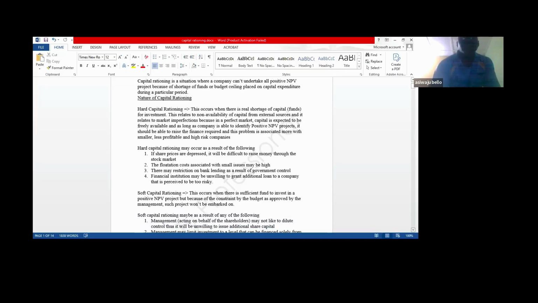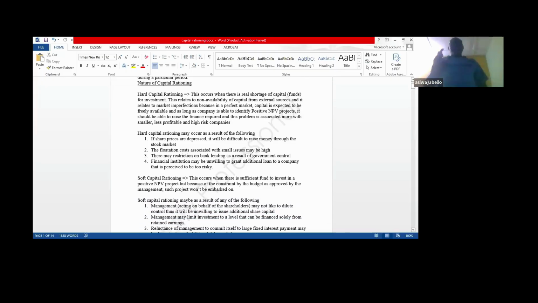One, if a company's share price is depressed, if your share price is falling, obviously it will be difficult to raise finance through the stock market.